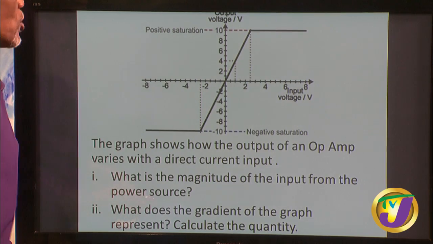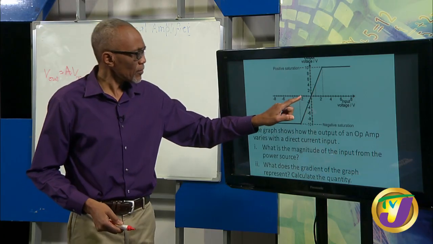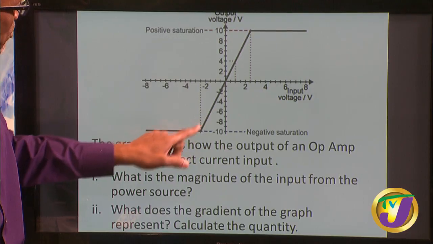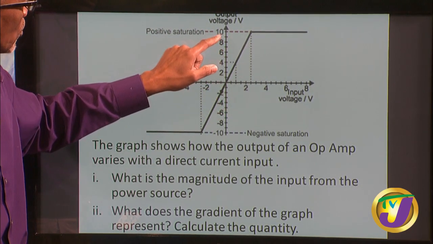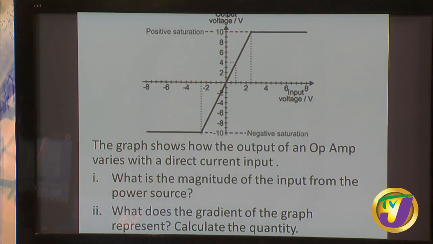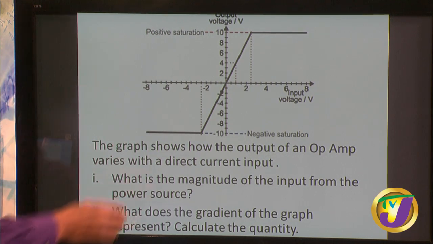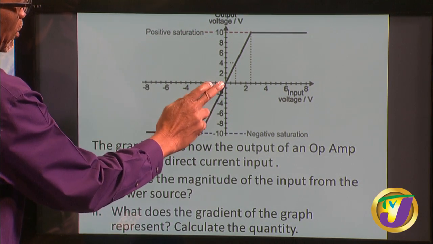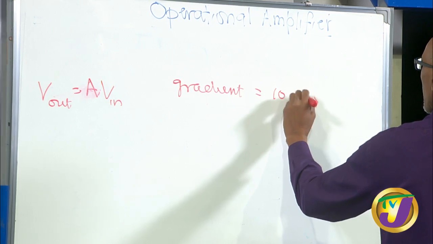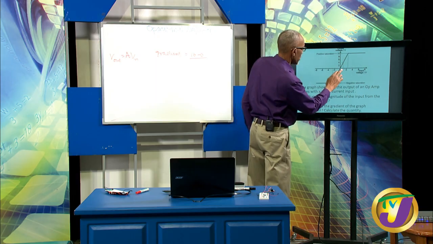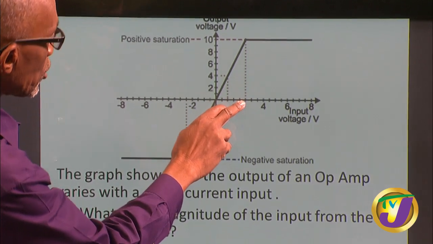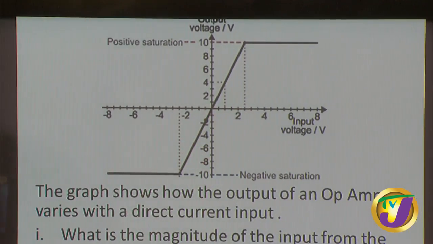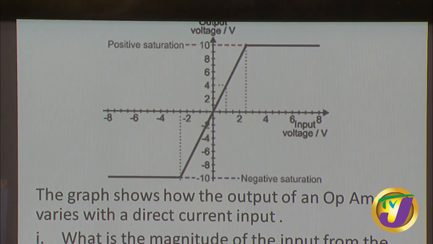From the graph we can use 10 and 0. So the gradient would be equal to 10 minus 0 over 2.5 minus 0.